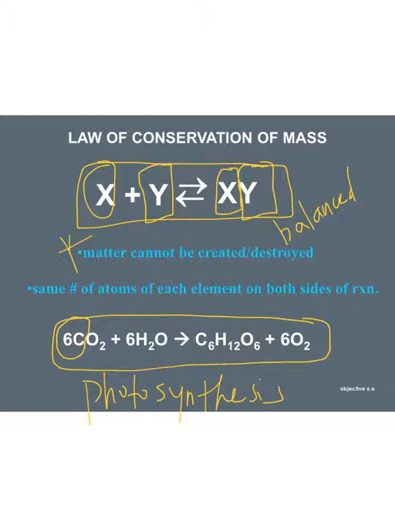And if you look on the product side, you can see we also have 6 atoms of carbon. Over here on the reactant side, we have 6 times 2, which is 12 atoms of hydrogen. And over here on the product side, we also have 12 atoms of hydrogen. So this is again what we call a balanced chemical equation, and this is abiding by the law of conservation of mass, saying that we have the same number of atoms of each element on both sides of the reaction.